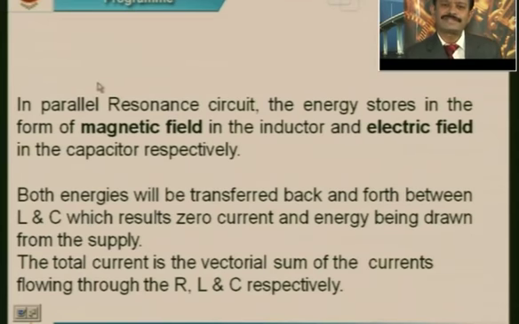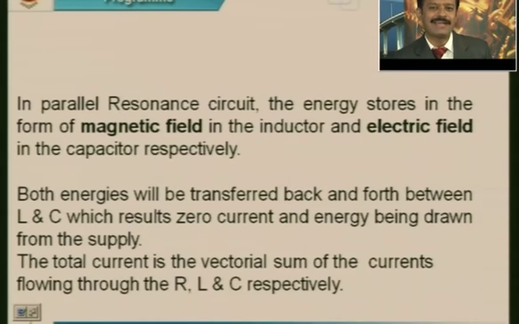In a parallel resonance circuit, energy is stored in the form of a magnetic field in the inductor and an electric field in the capacitor. Both are oscillating between L and C. Both energies are transferred back and forth between L and C, which results in zero current and energy being drawn from the supply.